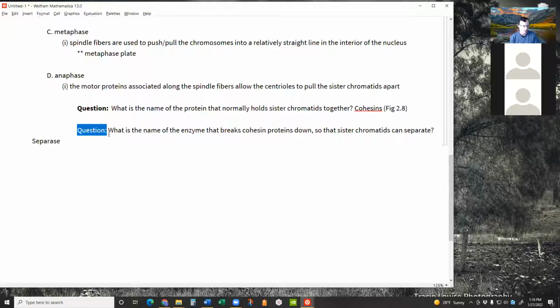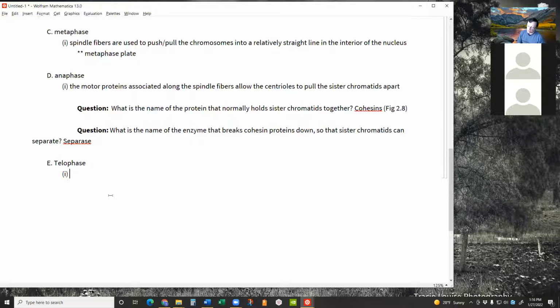Let's continue here. We start separating the sister chromatids, and then we move into arguably the last stage of mitosis, which is called telophase. You can see a picture there for yourself.